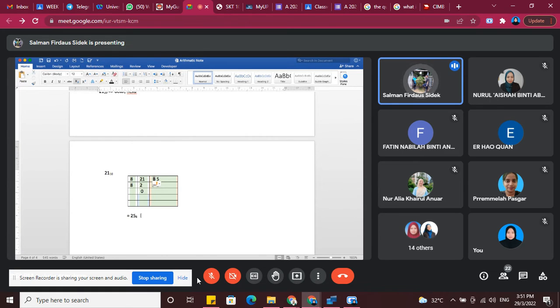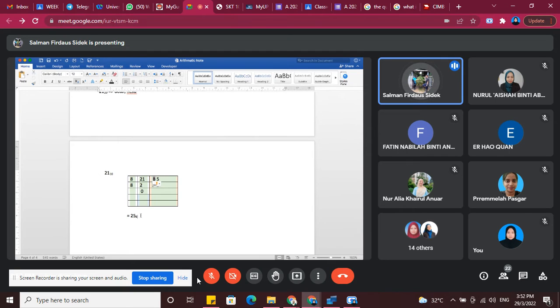Sebab kita tak ada nombor 8, kita tak ada nombor 9, kita tak ada nombor 18, kita tak ada nombor 19. So kita kena tambah 4 lagi kan? Kita skip these numbers.